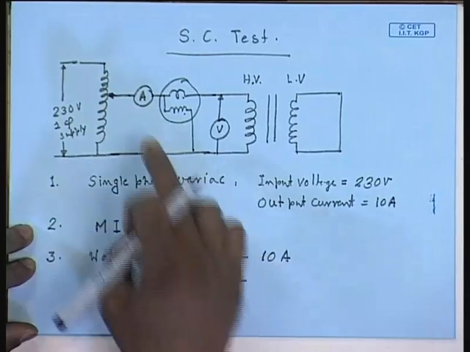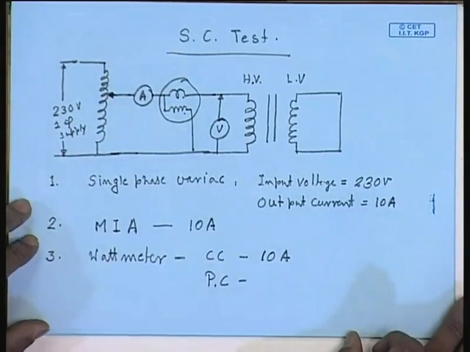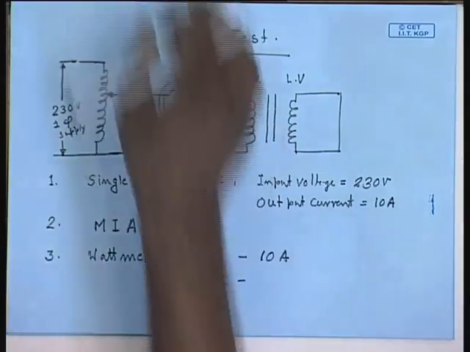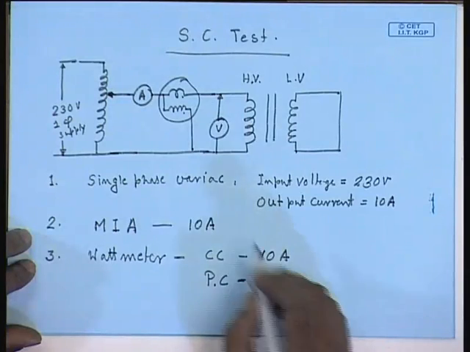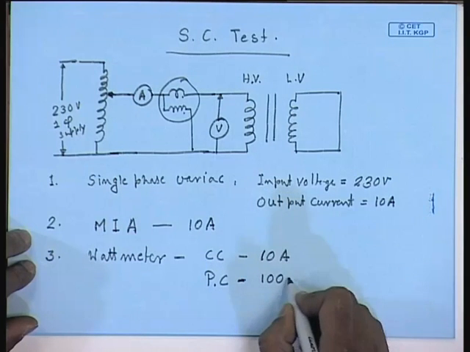Therefore, for the high voltage side, the rated voltage is 400 volts, and at best 10% of it would be required. So, the applied voltage in no case will possibly exceed 50 volts. So, let us choose a wattmeter whose potential coil can read, say, 100 volts.